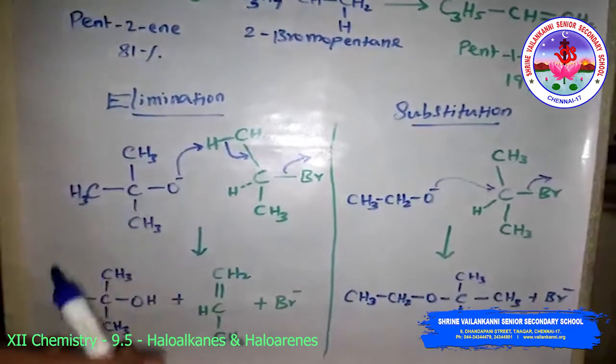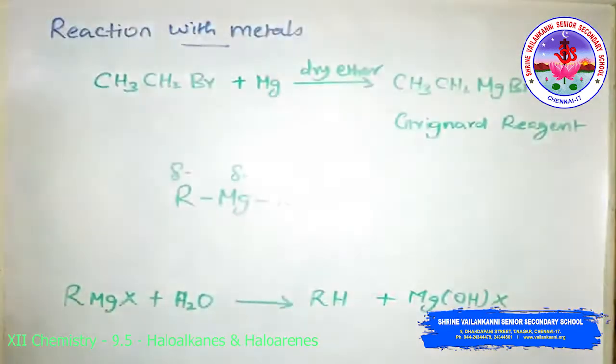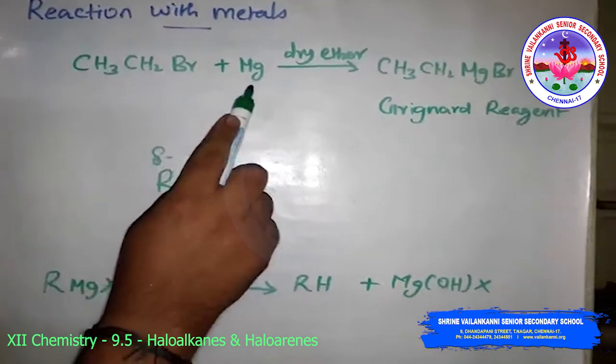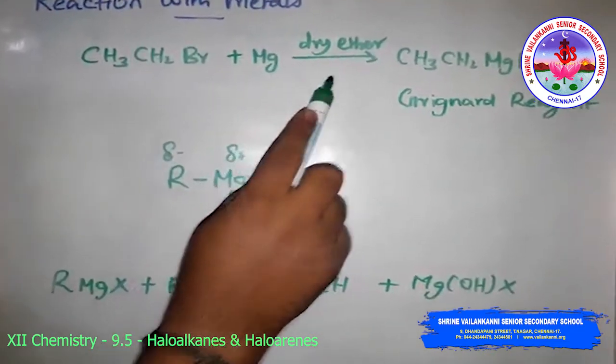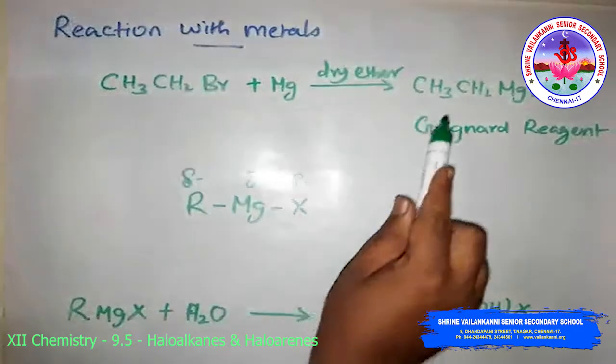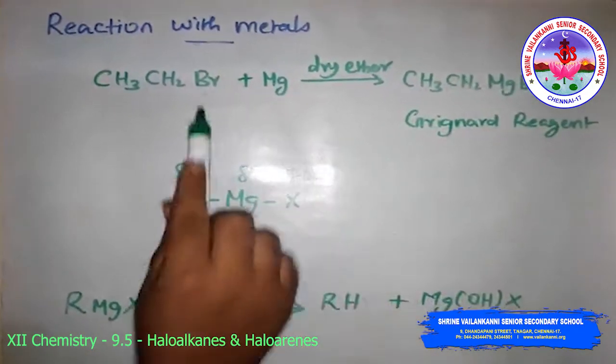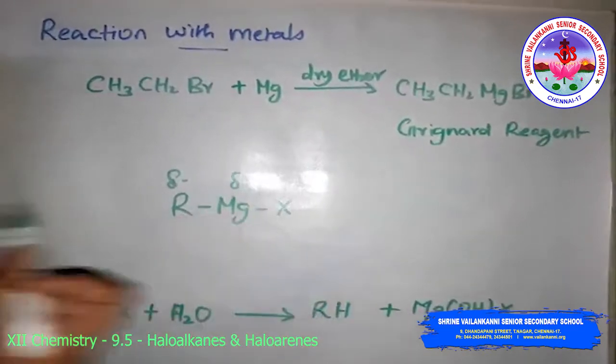Then reaction with metals. Here the alkyl halide, ethyl bromide, reacts with magnesium in the presence of dry ether. It gives a Grignard reagent, that is ethyl magnesium bromide. This is the reaction with metal.